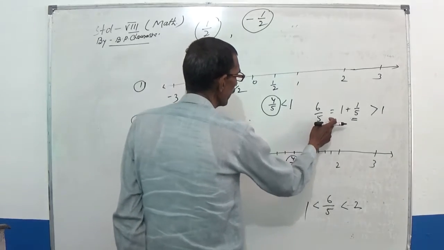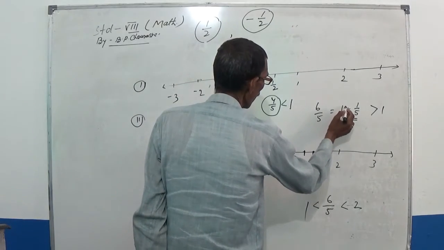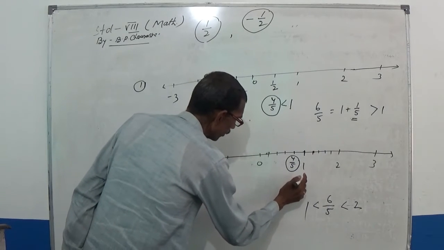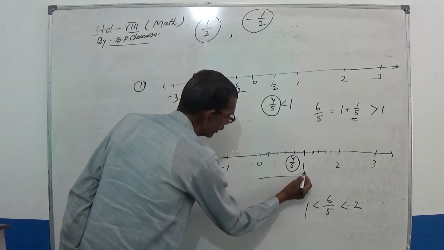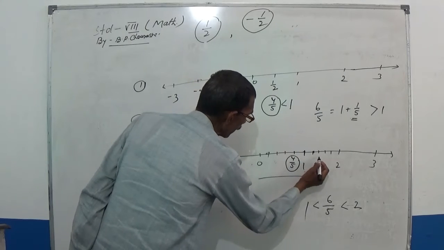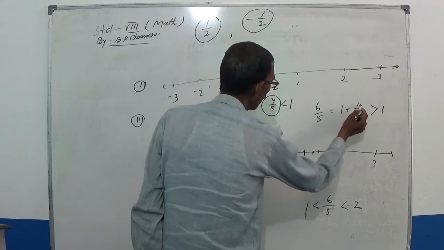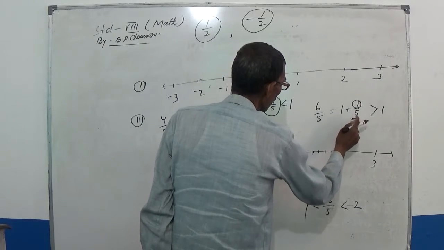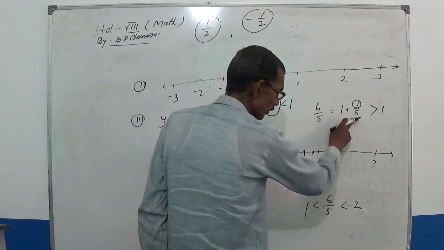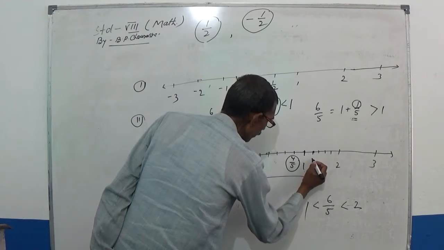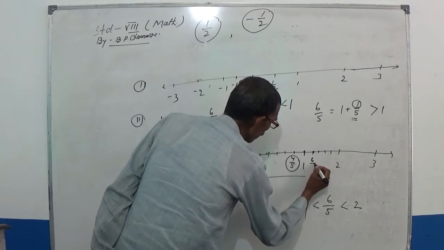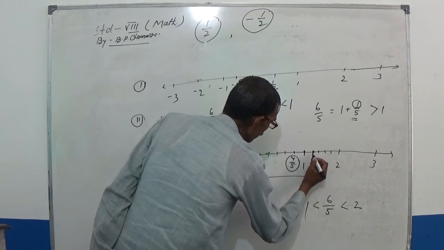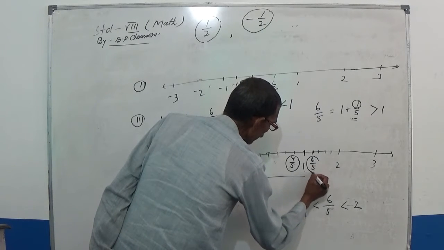Now this is greater than 1: 1 plus 1 by 5. From 0 to 1, 1 is complete here. Now you have to take only one part out of 5 parts. So this is 6 by 5. I am taking the first part.